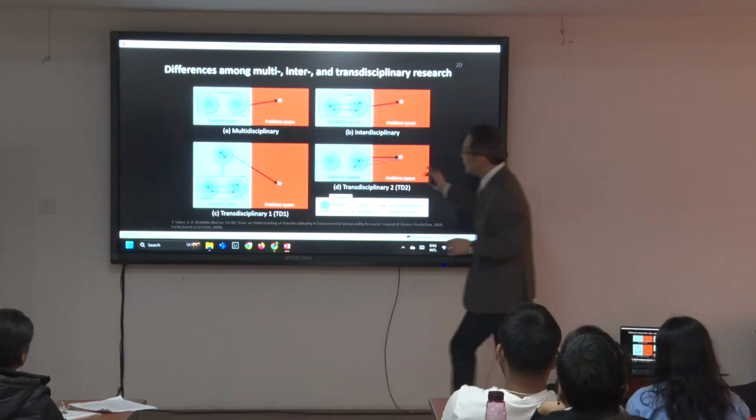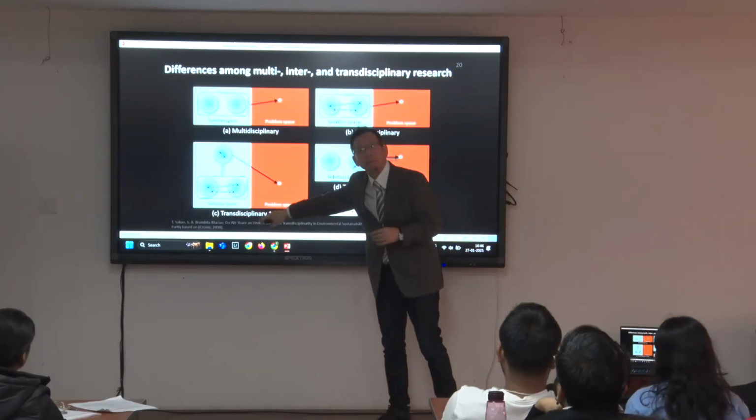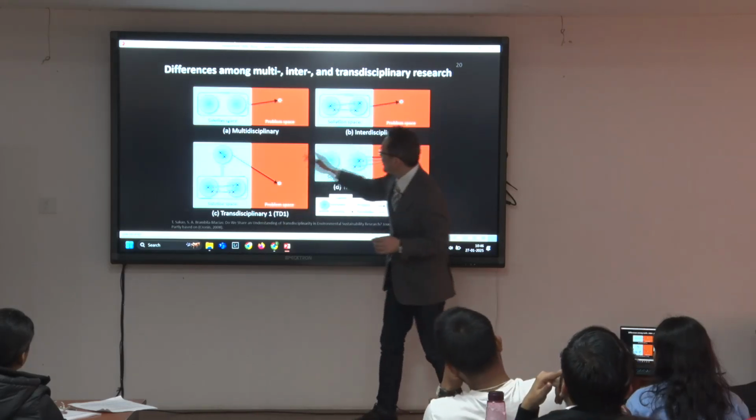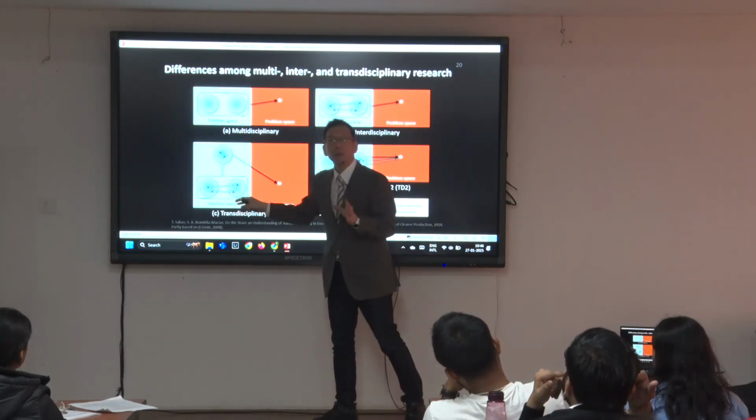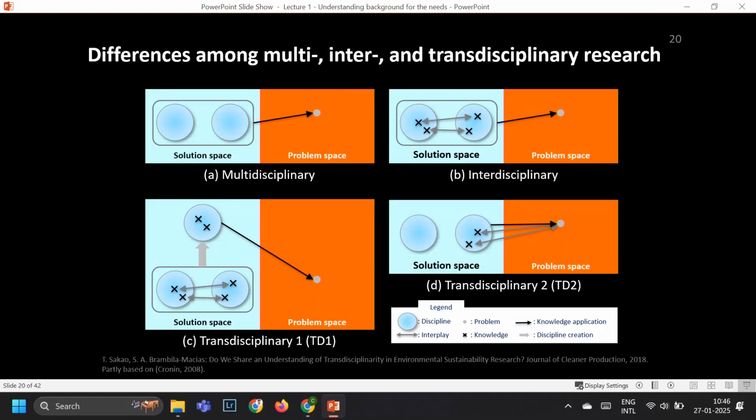And then what about transdisciplinary? What is in addition to the interdisciplinarity is, as a result of research and innovation, a new body of knowledge emerges. So this is the characteristic of transdisciplinarity. And what is a little bit complicating is there is another meaning of transdisciplinarity, TD.